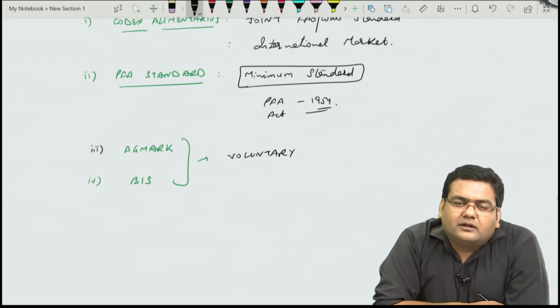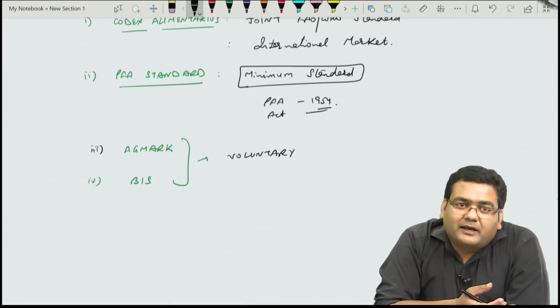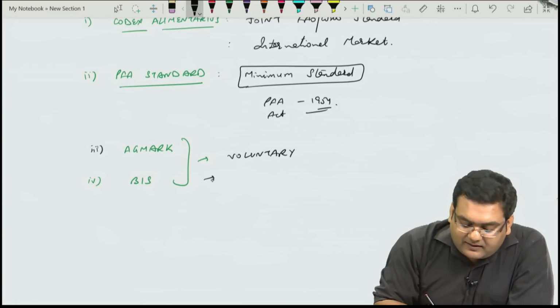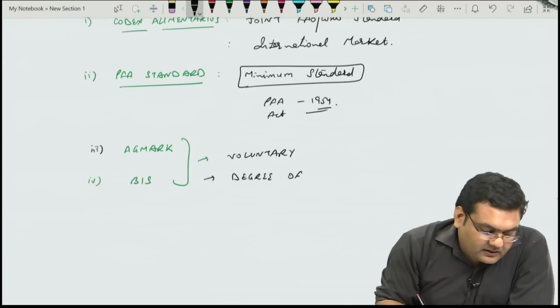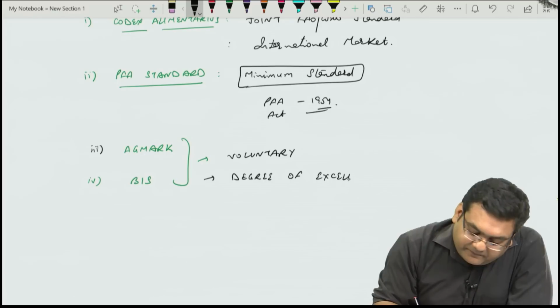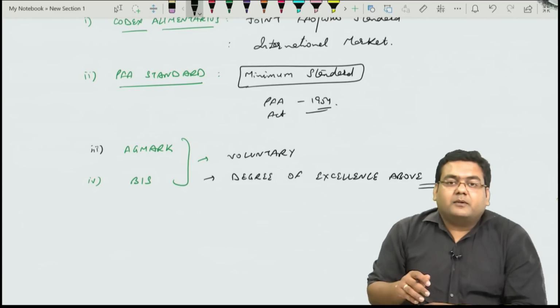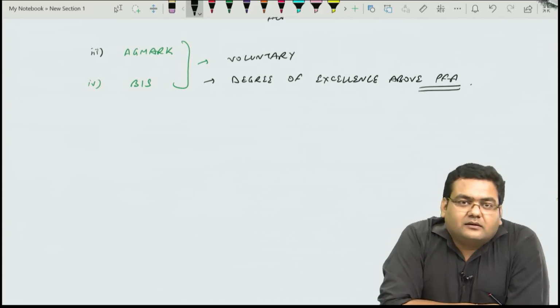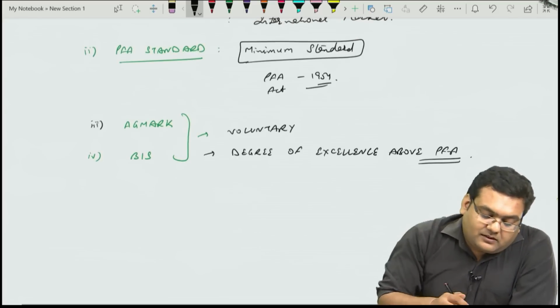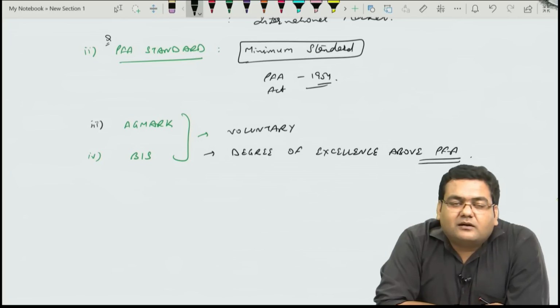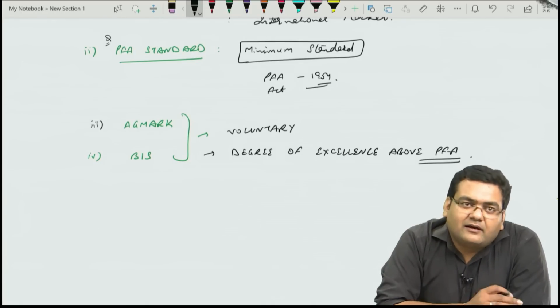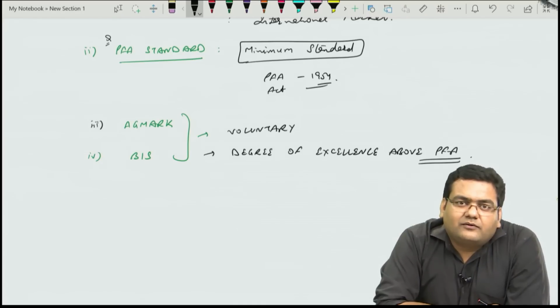It is up to the manufacturer to raise his benchmark of standard up to the AGMARK or BIS standard, and it expresses the degree of excellence above PFA standards. Purely voluntary, but PFA standard is the minimum standard which all the manufacturers have to qualify for a particular food item.